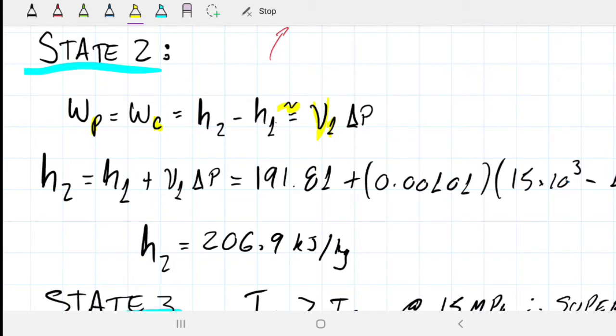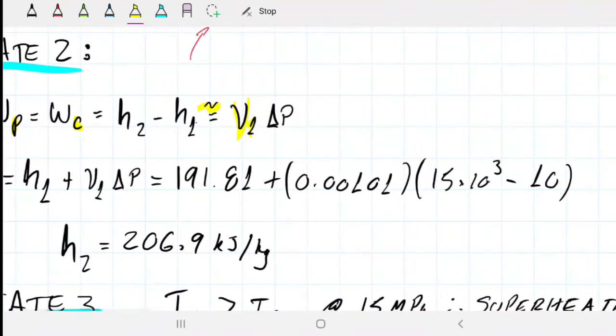The only thing to remember is that, therefore, I can find my H2 straight off the bat, just summing up H1 plus the difference in pressure times the volume. The only thing I need to be aware of here is that when I'm doing this sum, these have to be in the same units, right? So I need to ensure that this multiplication comes out as kilojoules per kilogram, right?